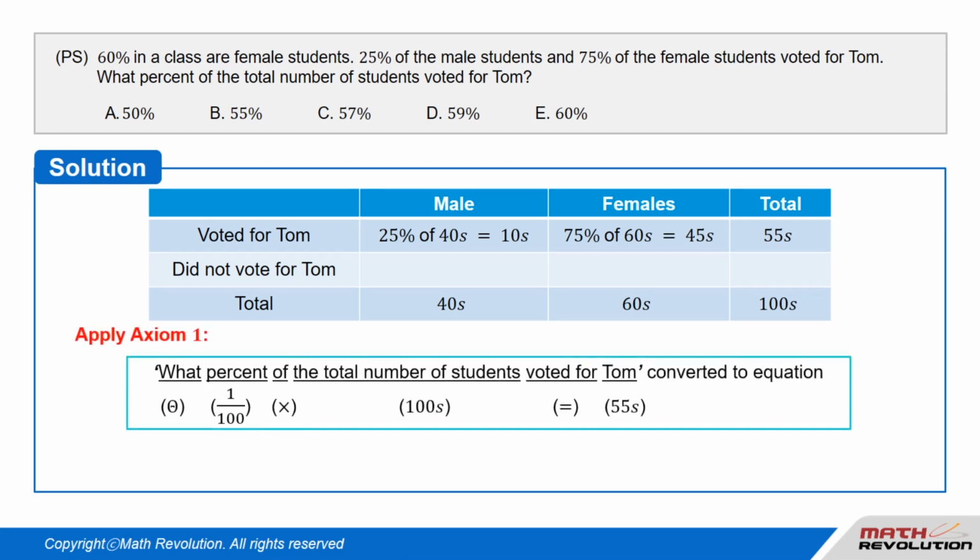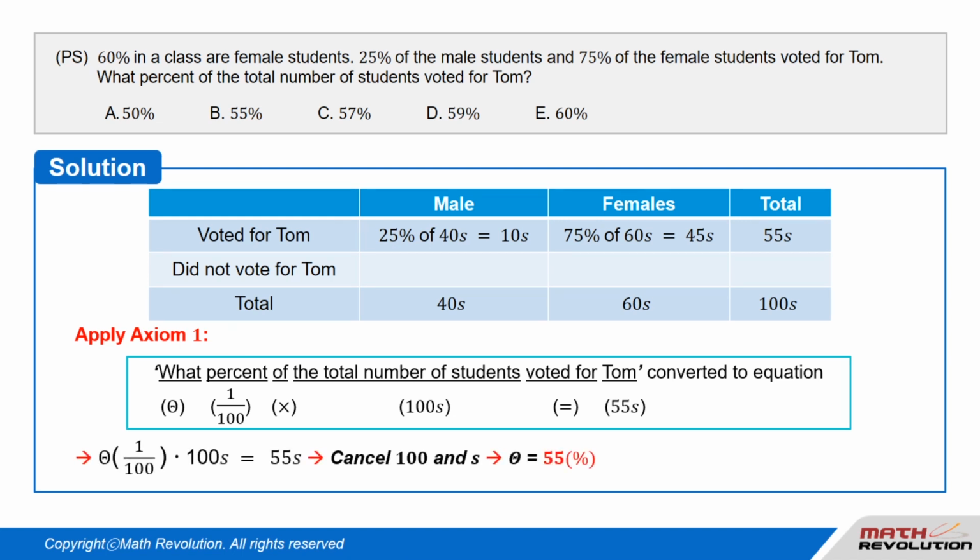Now we use Axiom 1. What percent of the total number of students voted for Tom is converted into the equation: what, meaning theta, percent, which is 1 over 100, of the total number of students, 100S, voted for Tom, equals 55S.